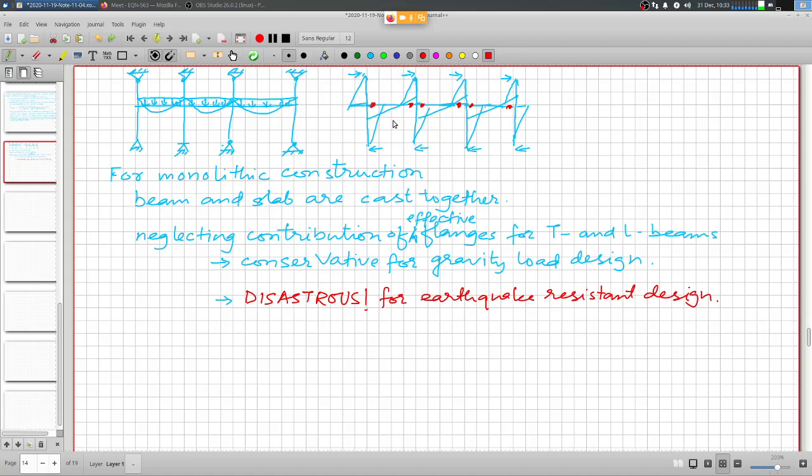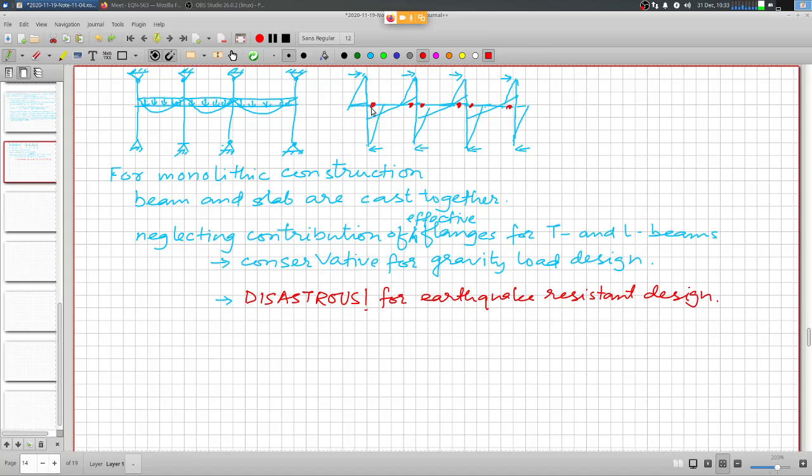In gravity load, the effect of this negative moment is not of that much significance, although we need to once we redistribute it. So we need to provide almost similar capacities on both sides.